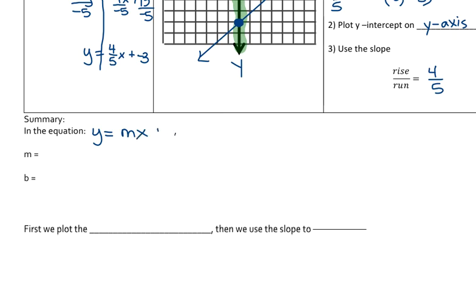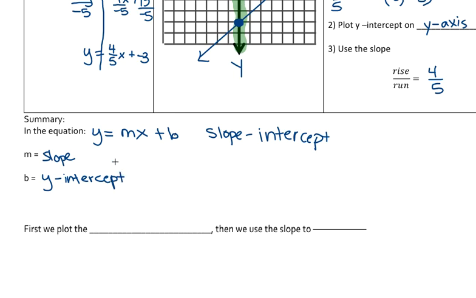All right, so for our summary, the equation was y equals mx plus b. And that is slope-intercept form. We call it slope-intercept. This is genius, I know. Because there's a slope, m, and an intercept, b. So m, we said, is slope. And then b isn't just an intercept, though. We want to make sure we identify that as the y-intercept.